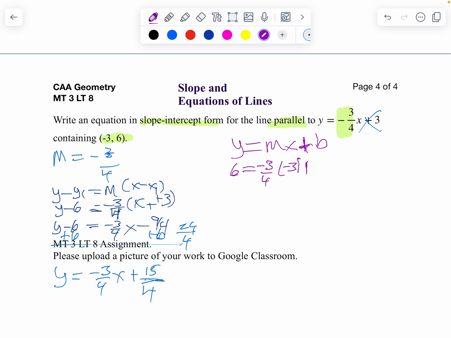And I'm going to solve for b. Okay, so 6 equals negative 3/4 times negative 3, which is 9/4, plus b. Well, then to get b by itself, I subtract 9/4 from both sides.